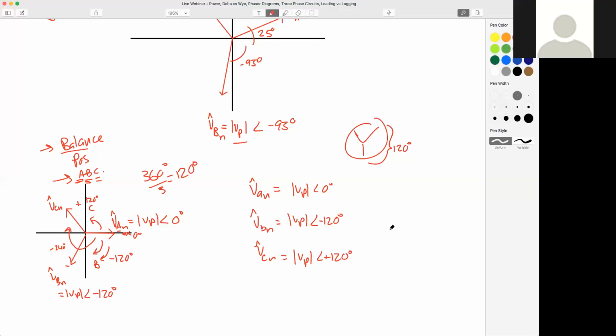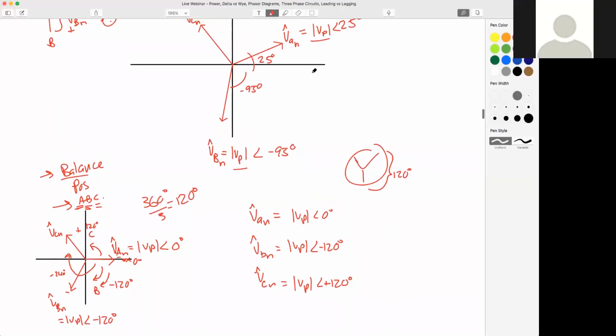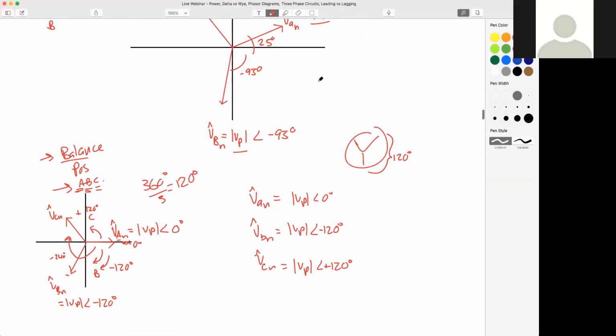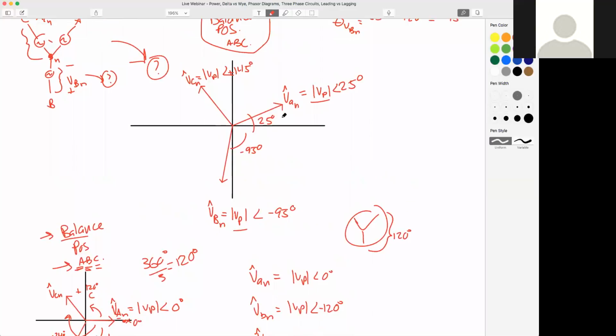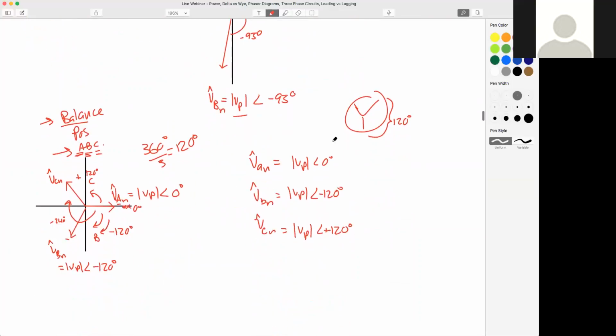Now, in the example up above, all we did is substitute 25 degrees for our theta VAN. So up there, all we did is say, okay, if this is 30 degrees, then this is going to be 30 minus 120 degrees, and this would be 30 plus 120 degrees.